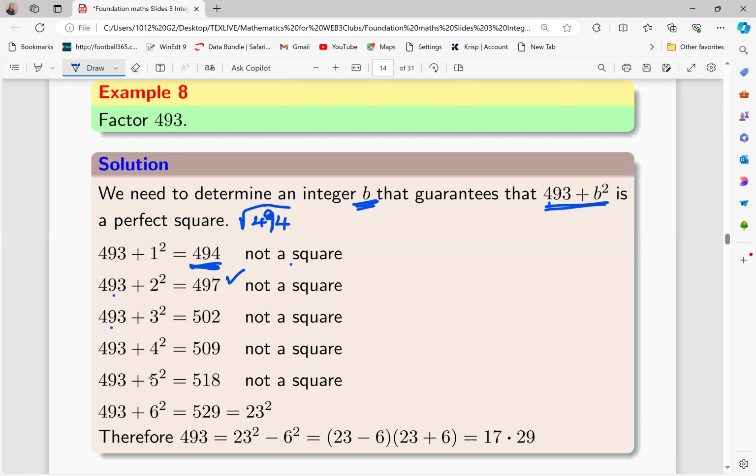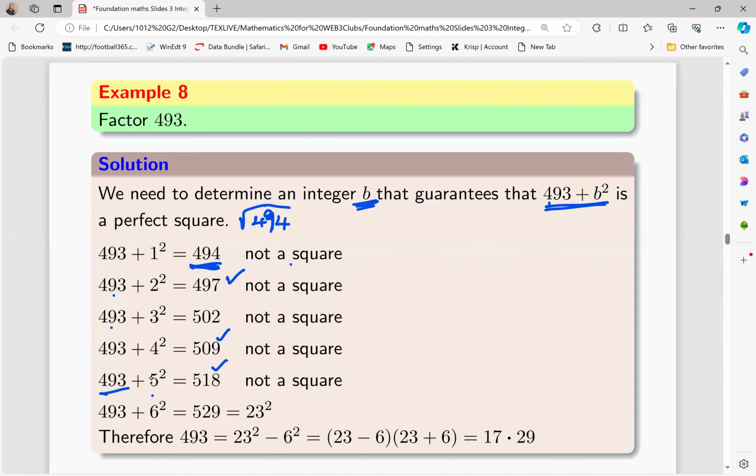I get 509, which is not a perfect square. I try 5 squared, which is 25, plus this gives me 518. This again is not a perfect square. So you're just using the square root on your calculator to find out whether it is a perfect square or not.